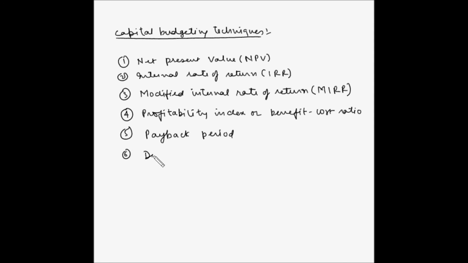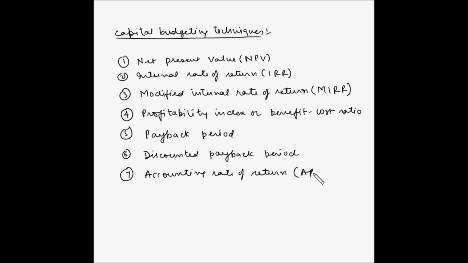Sixth, discounted payback period. Seventh, accounting rate of return, or ARR. Now we will look at each of these methods in detail in the subsequent videos.